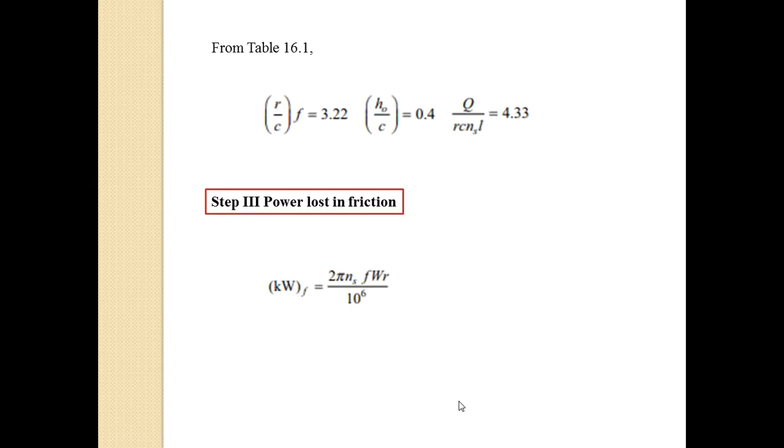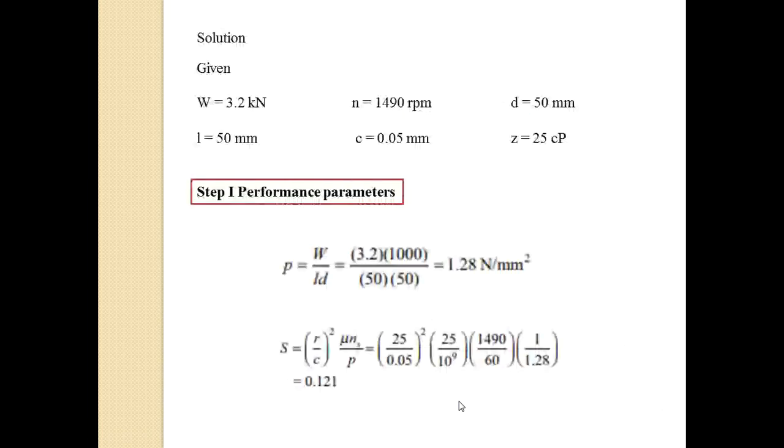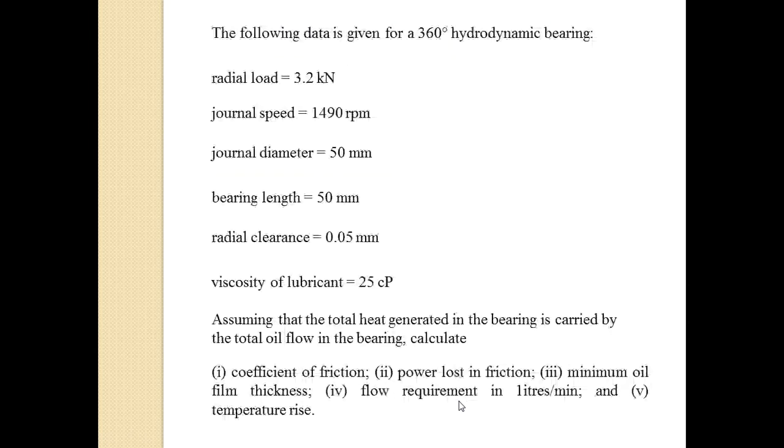Now see here. I will go to the Word document again. Problem statement. Now the coefficient of friction we got here, and the power lost. Now next is the minimum oil film thickness, flow requirement, and temperature rise.